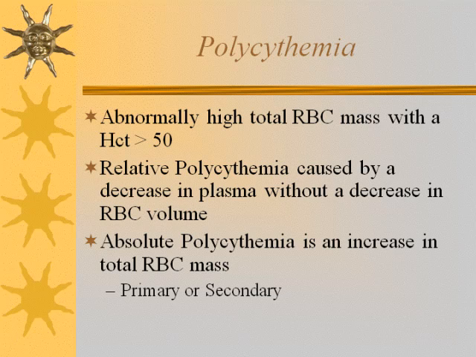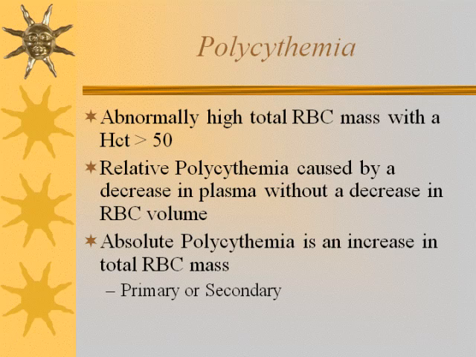Now, relative polycythemia is caused by a decrease in plasma without a decrease in red blood cell volume. What that means is you have a patient who, let's just say, comes in and they're dehydrated.